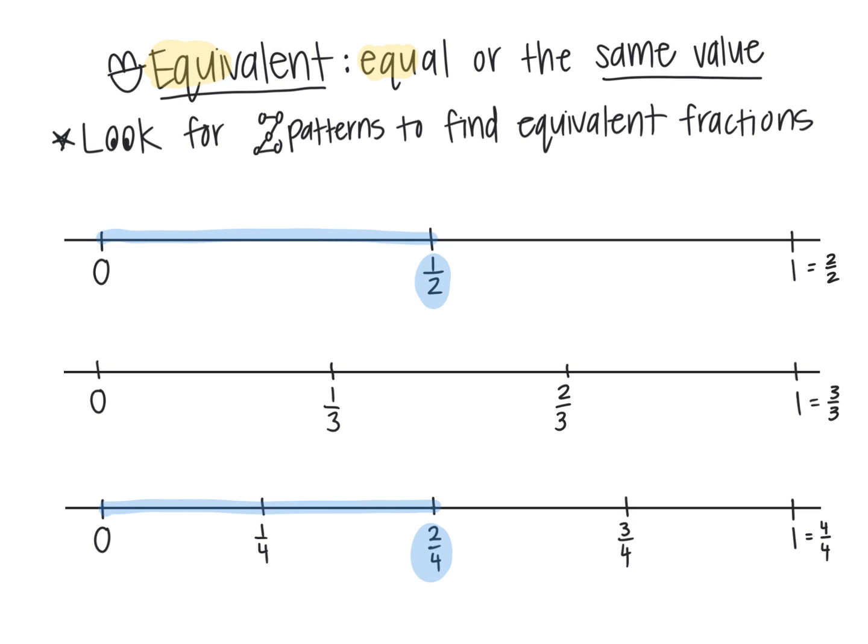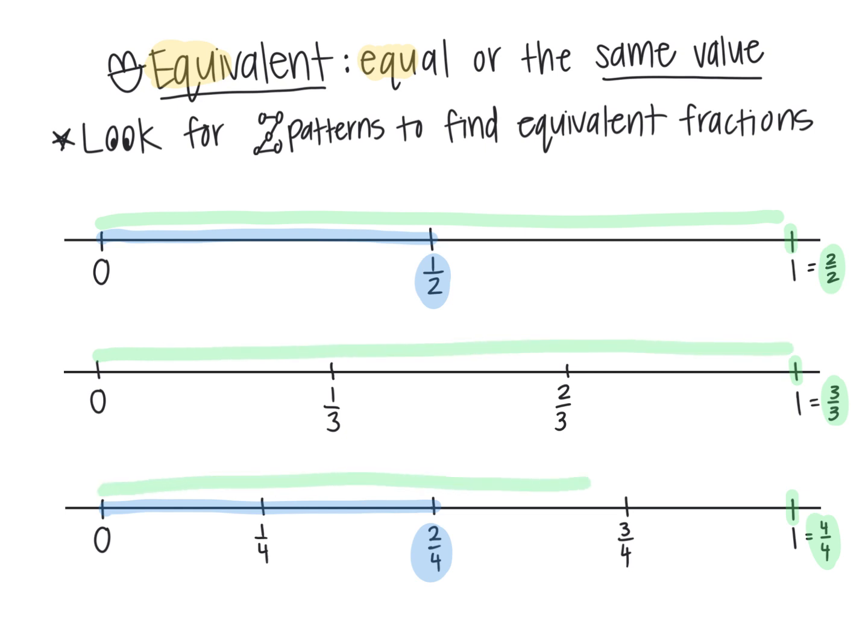If you look carefully, you might actually see other fractions on here that are equivalent. Look at this, 2/2, 3/3, and 4/4. They're all equivalent because they all go to this line. So 2/2 is this length, 3/3 is this length, and 4/4 is this length.